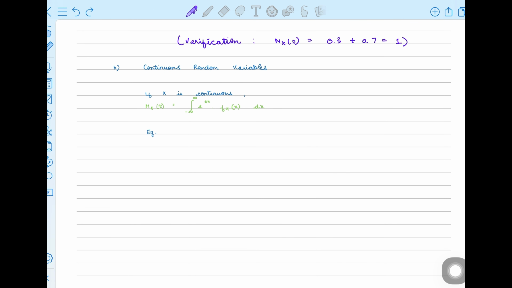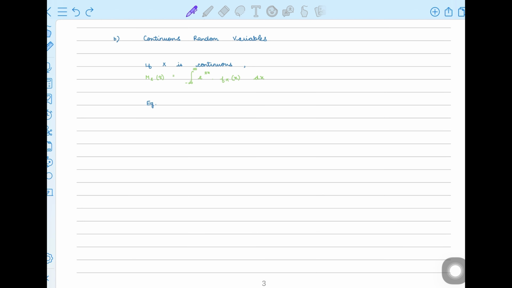Now, let's look at the MGF for continuous random variables. If X is continuous, its expectation is calculated using integration. So, the MGF becomes the integral from minus infinity to infinity of e to the power tx into the PDF of the distribution. Let's understand this with an example. Suppose a function is given by 2x, such that x is between 0 and 1.